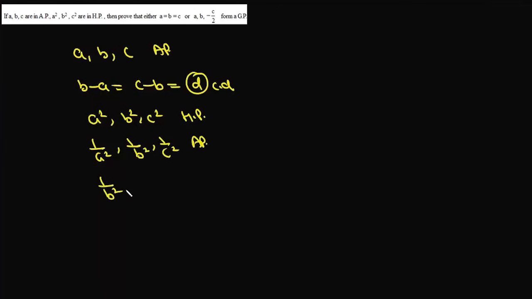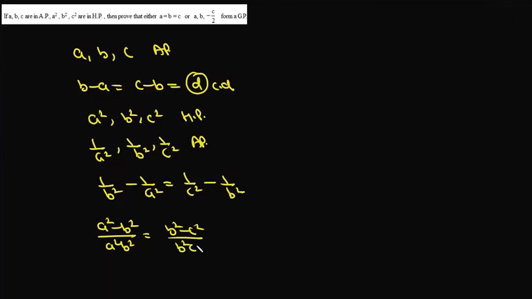So you can write 1 upon B square minus 1 upon A square will be equal to 1 upon C square minus 1 upon B square. Now this is (A square minus B square) upon A square B square will be equal to (B square minus C square) upon B square C square.